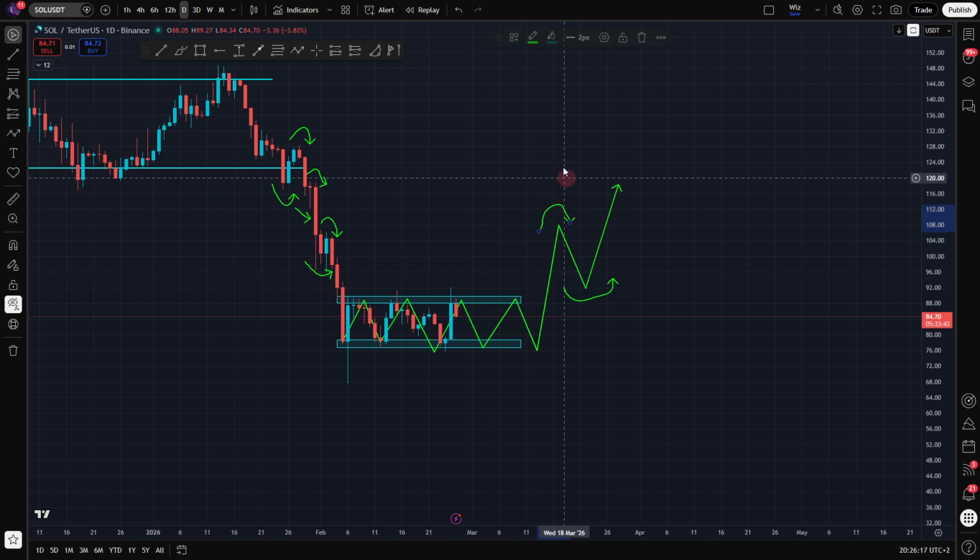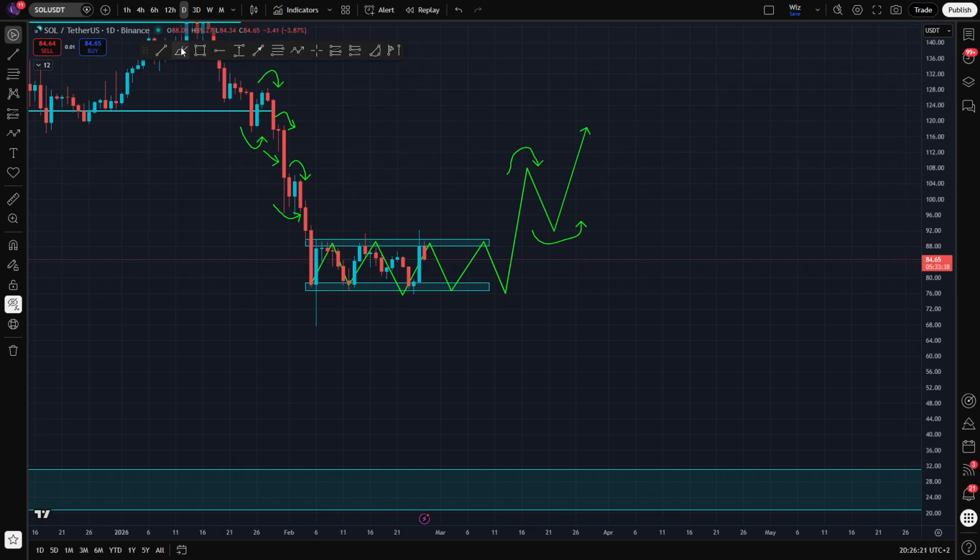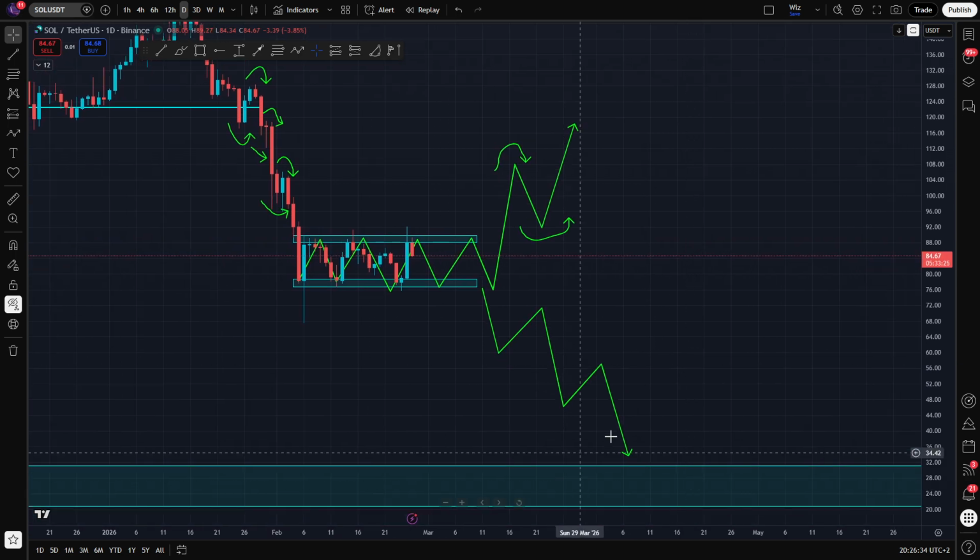So something like this. If it's a trend continuation, which means that it's going to continue the downtrend, it will continue to make lower lows, lower highs, and so on, until it starts ranging again.